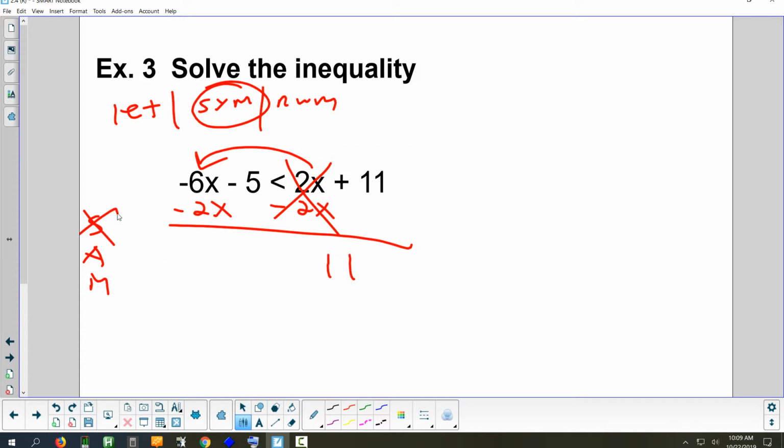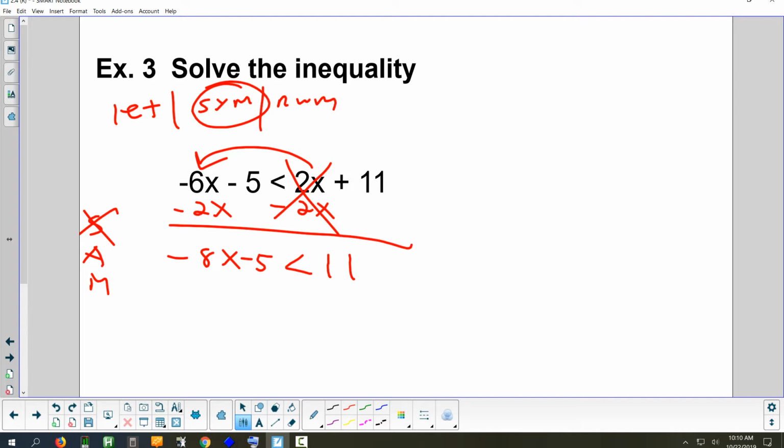Negative 8x. Yep, good. What about this minus 5? What happens to that? Maya, what happens to that minus 5? Bring it down. We just bring it down. We haven't done anything with it yet. And Leilani, what about my symbol? You bring it down. Just bring it down. Okay.